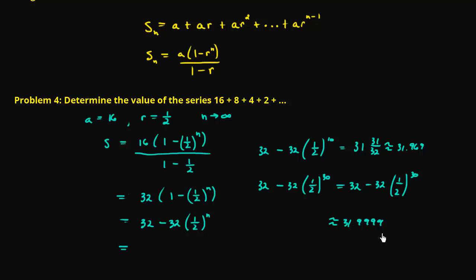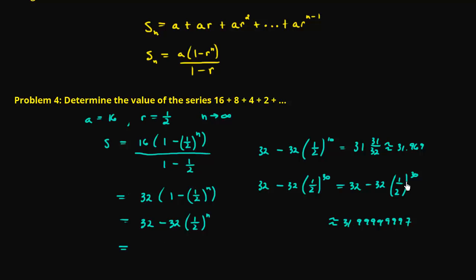Let's see, how many nines are there? 1, 2, 3, 4, 5, 6, 7. So this is 31.999999997.